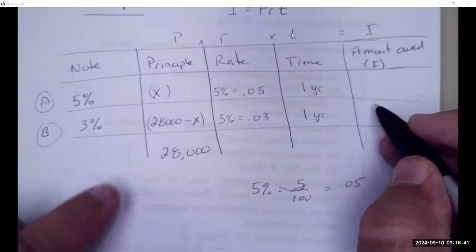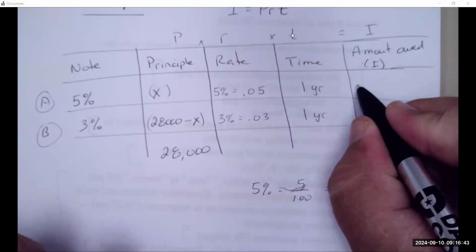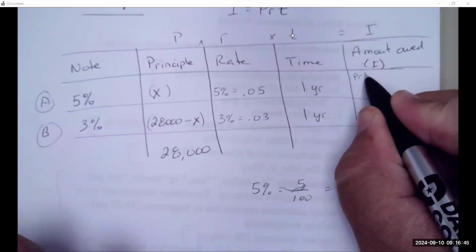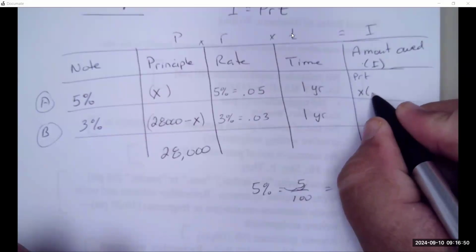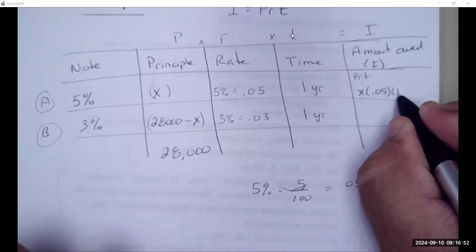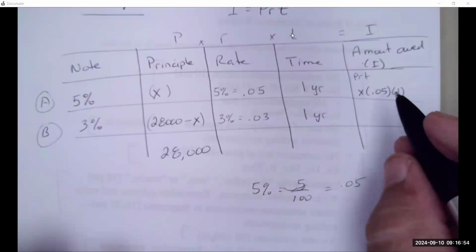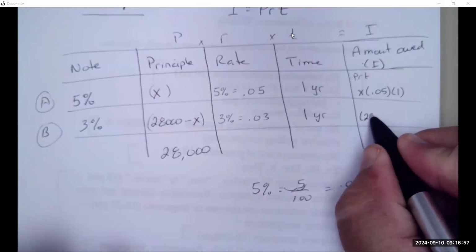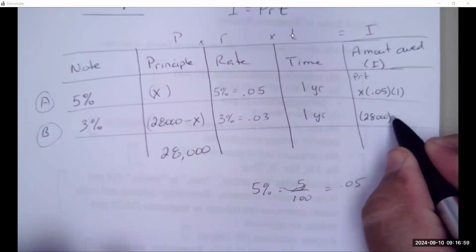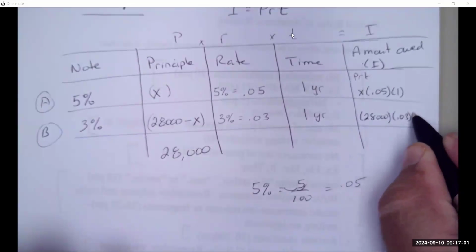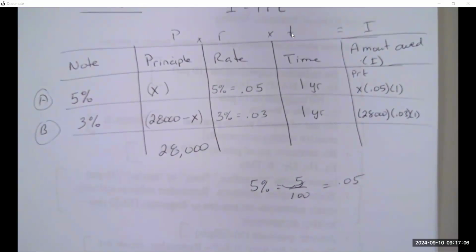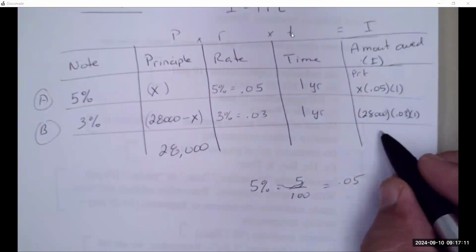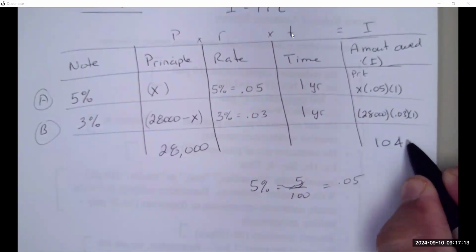So the interests, we have the PRT. So we have X times 0.05 times 1. And 0.03 times 28,000 minus X, times 1. And together, both of these interests have to equal 1040.